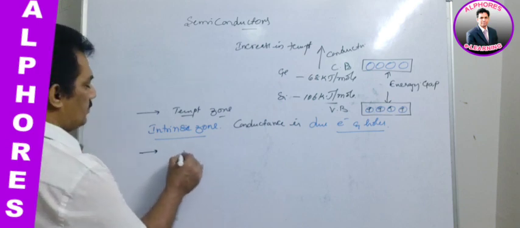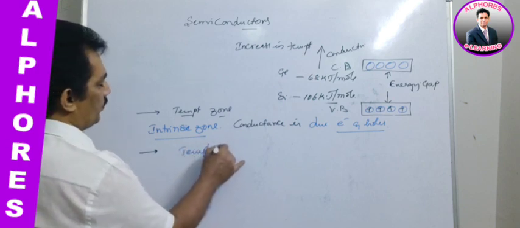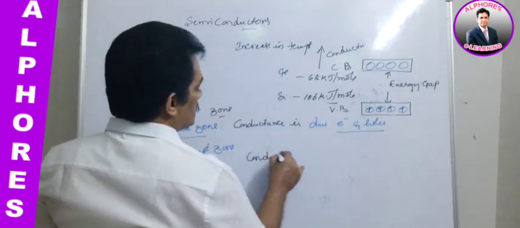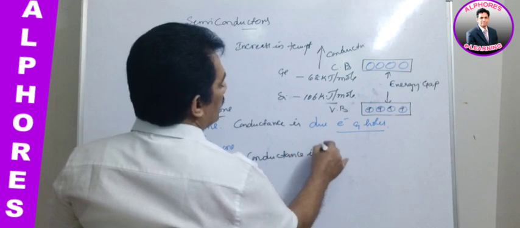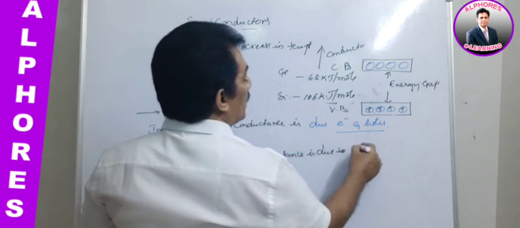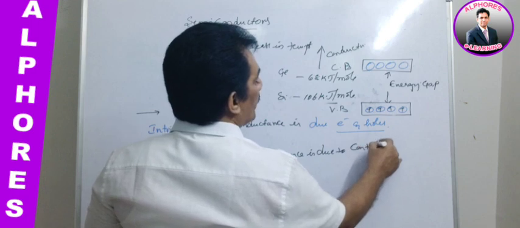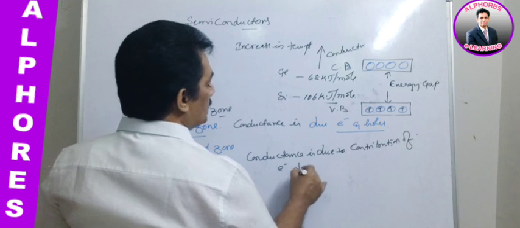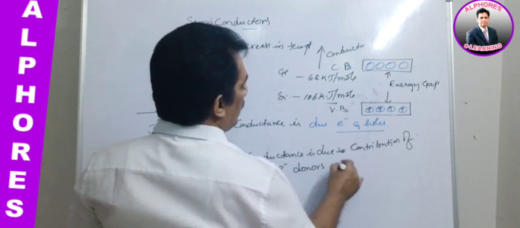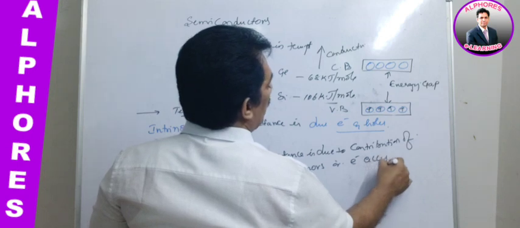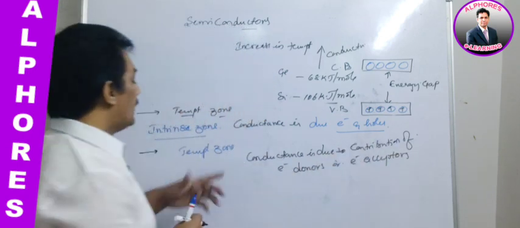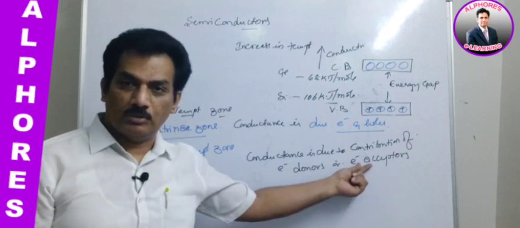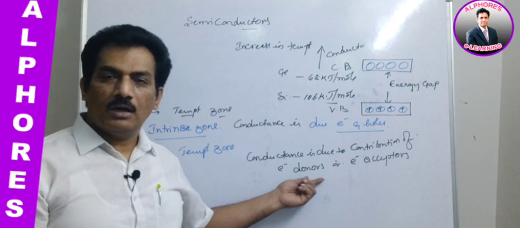Sometimes, now let us observe, there is a temperature zone where the conductance is due to the contribution of electron donors or electron acceptors. That means the conductance mainly depends on the concentration of electron donors and electron acceptors. In a semiconductor, what are electron donors?